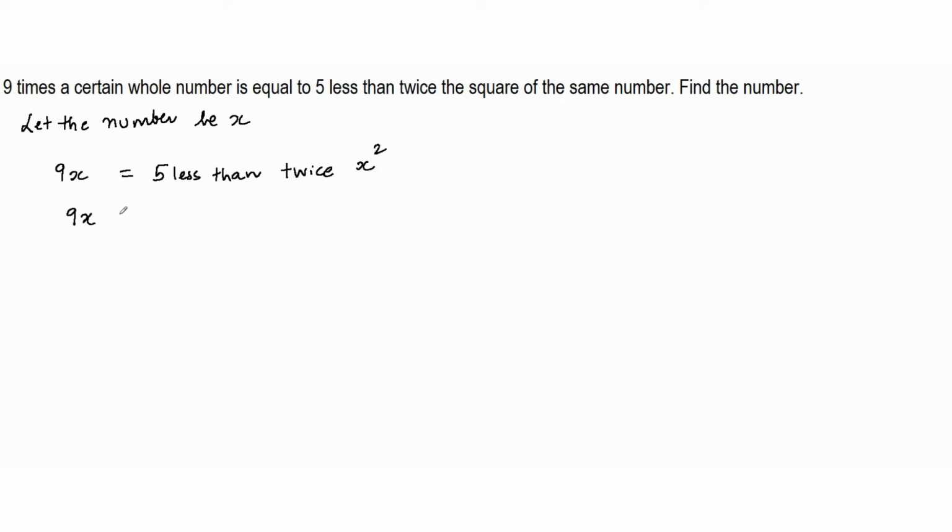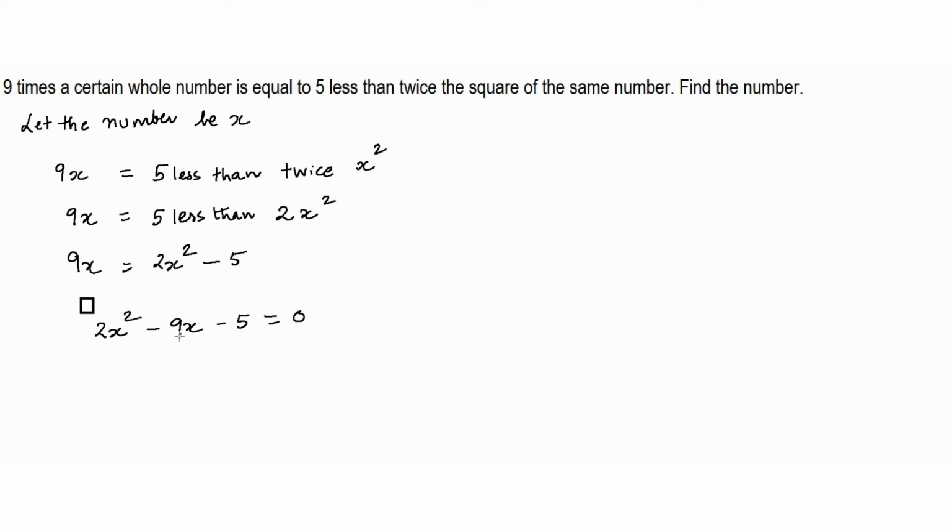That means 9x is equal to 5 less than 2 times x square. 5 less than twice x square basically means 2 times x square minus 5. And therefore 9x is equal to 2x square minus 5. Rearranging the equation, I get 2x square minus 9x minus 5 is equal to 0.